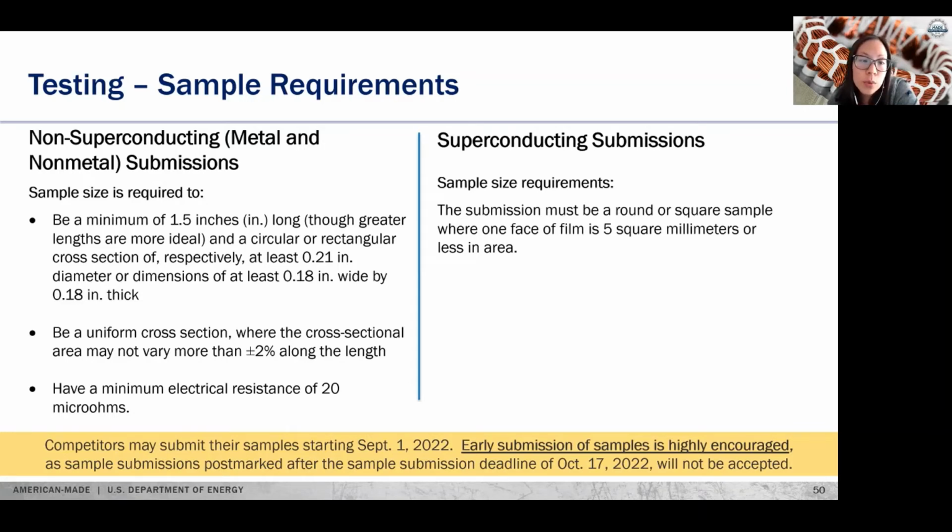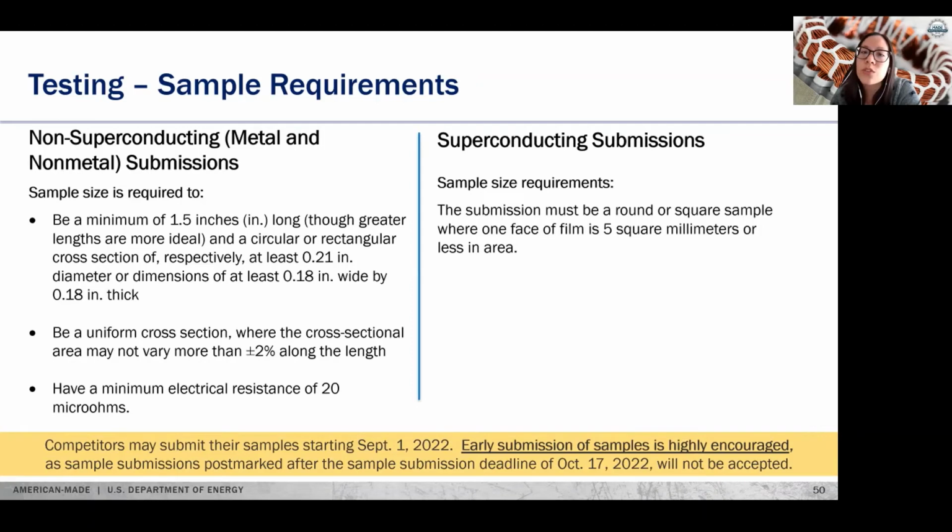Ideally, your sample will have a uniform cross-section across the entire length of your sample, where the cross-sectional area should not vary more than plus or minus 2%. And then finally, your sample needs to have a minimum electrical resistance of 20 microohms.